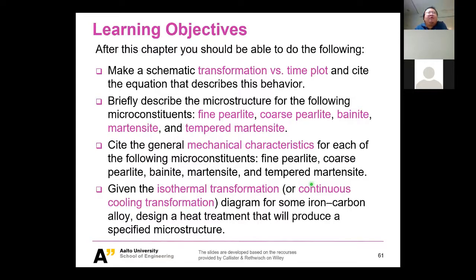So we will use two different ways. One is called isothermal transformation, the other is called continuous cooling transformation. So we will practice these two kinds of transformation strategies in an iron-carbon diagram.